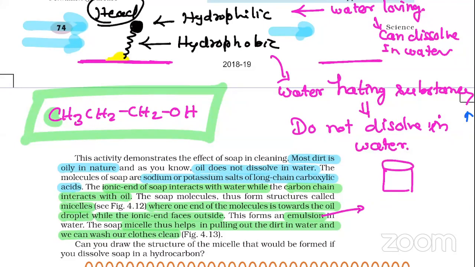Yes, because its melting point is very low and it will freeze in a colder climate and convert into ice. That's why it is called glacial acetic acid. It will freeze in a colder climate.